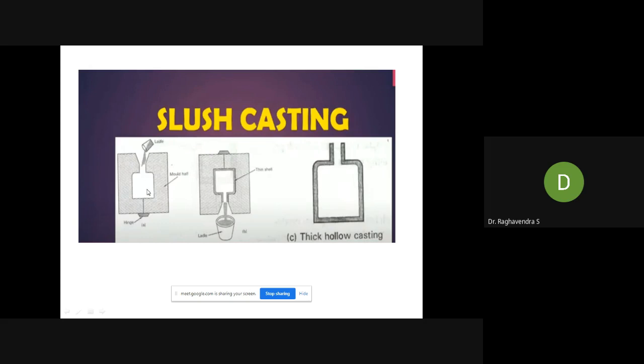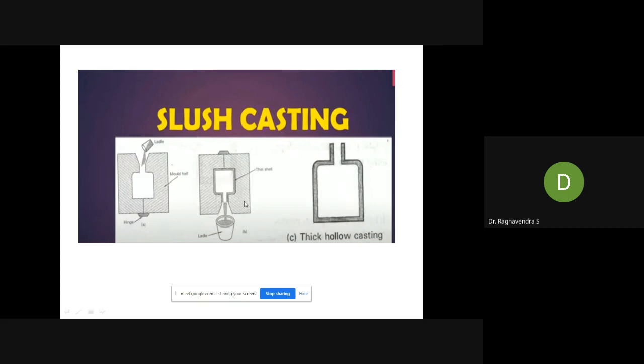After, they keep it for some time, just a few minutes or seconds. Then they rotate this mold upside down, they make it inverted. So whatever molten metal they poured here, they collect back once again. Once they collect it back, some of the molten metal sticks to the walls of the mold.